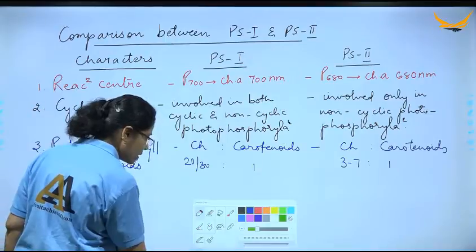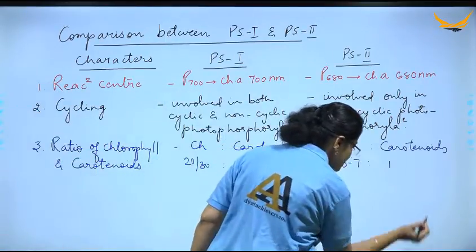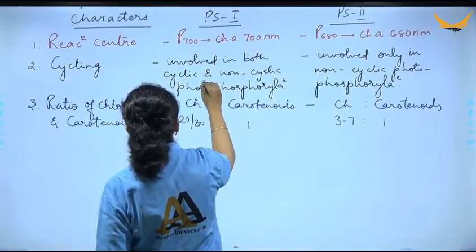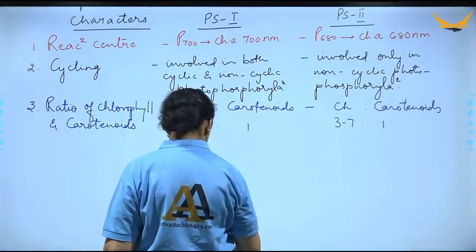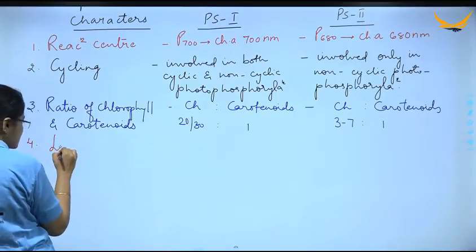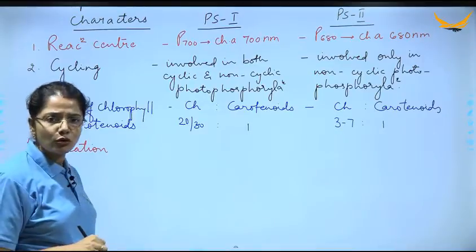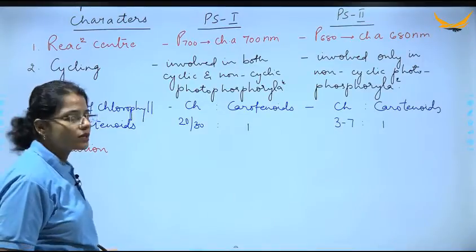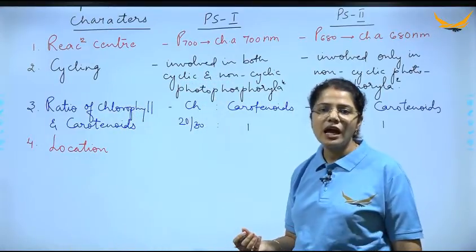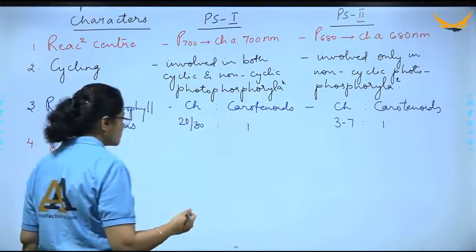Now talking about the location. Where is it located? So our fourth point of comparison is location, where it is located. So PS1 is located on the membrane of thylakoid, we know, and on the membrane of stroma lamellae. We have just discussed it in the previous video.